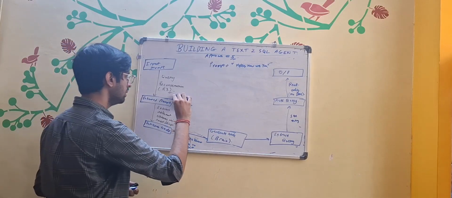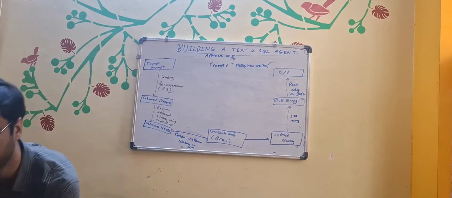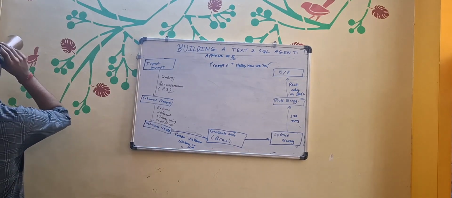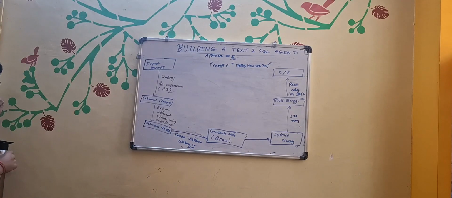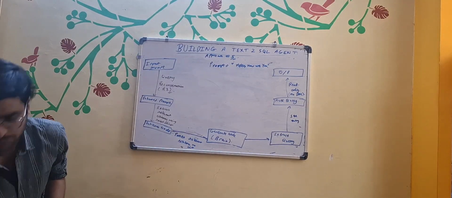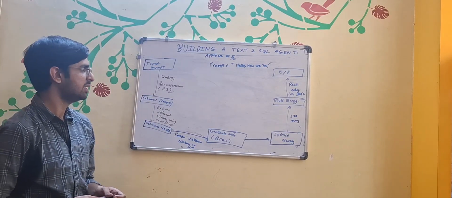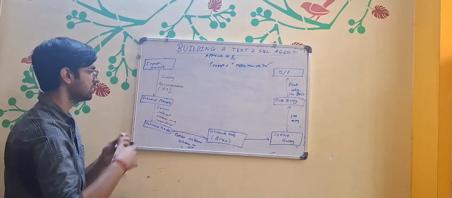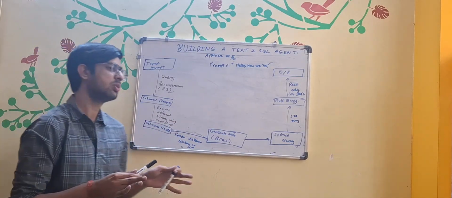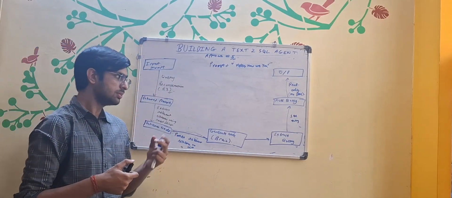So what we will do, and this is an important thing also, we will be mostly working with LangChain and LangGraph, and in those we have an option called with structured output. With structured output, we can force the model to respond in a structured way, like in a JSON format or in specific fields.